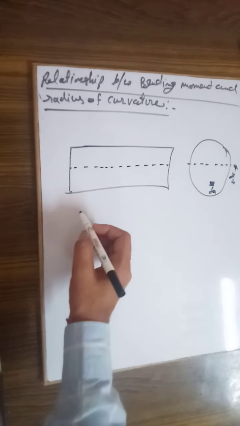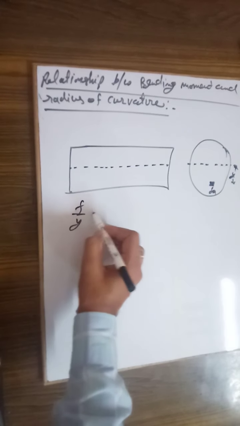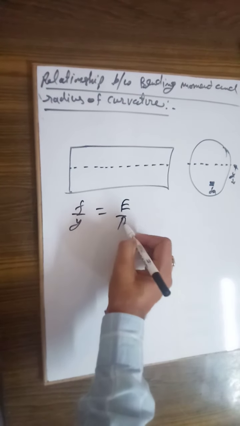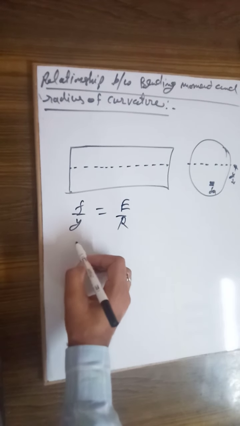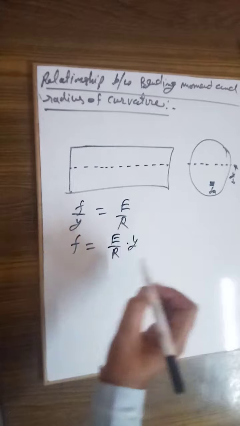So from equation number 3, we know that F upon y is equal to E upon R. Either we can say that F is equal to E upon R y.